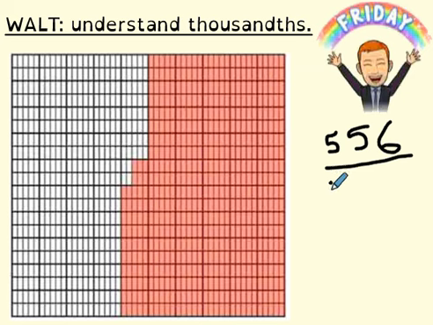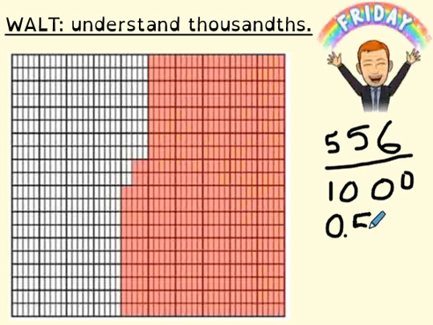How many full tenths have I got? 1, 2, 3, 4, 5, we said. How many full hundredths have we got? Remember, we said 10 thousandths is the same as 100th. I've got 5. And I've got 6 remaining thousandths shaded in. 0.556. Lot of hard thinking there going on.